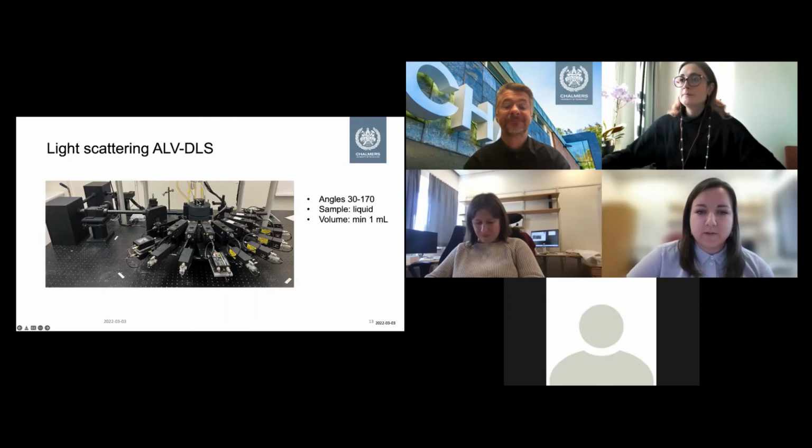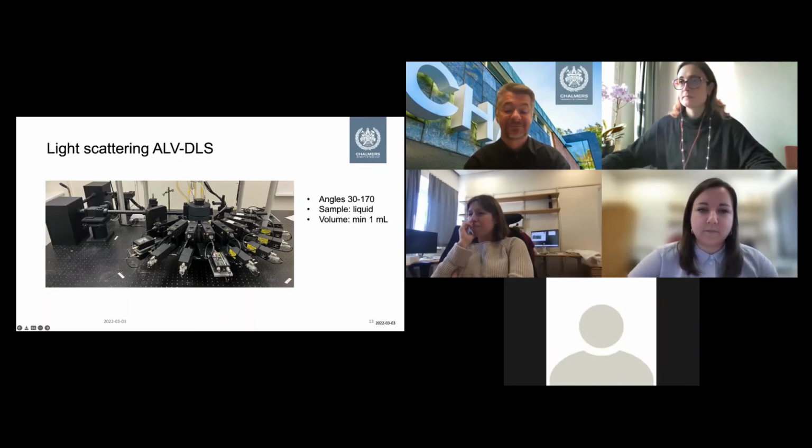In this chamber, you insert your capillary with the sample, and here there are detectors that detect the scattering at different angles. There are multiple varieties of these kinds of instruments. In this instrument, we have different channels with detectors that detect different angles. It's also possible to have an instrument with a goniometer where the detector is moving across to catch scattering from different angles.